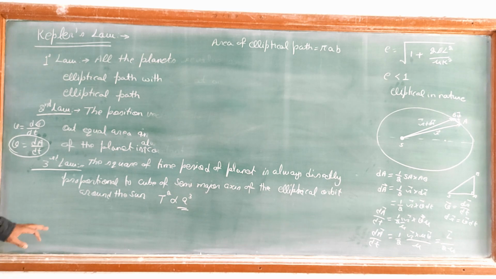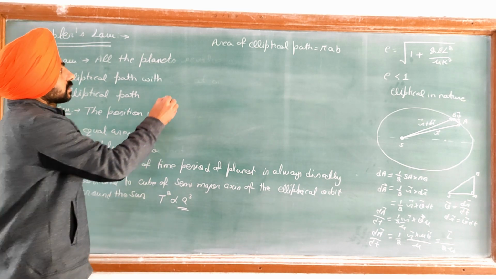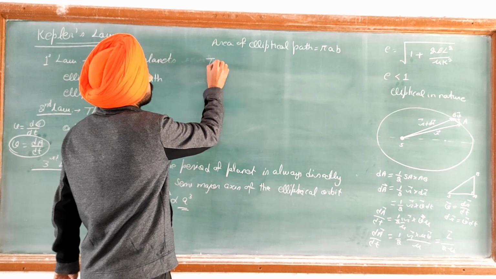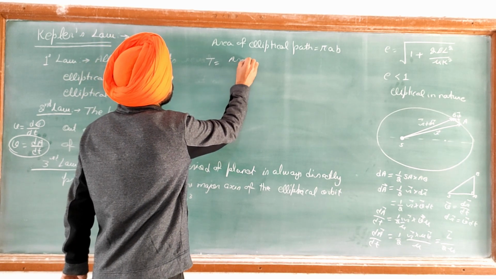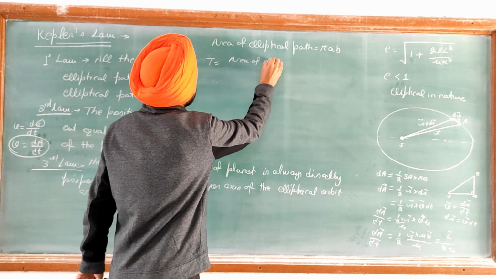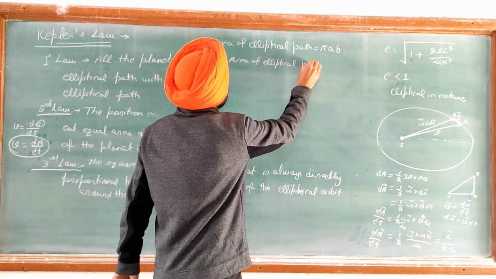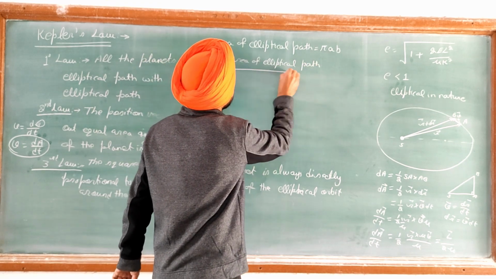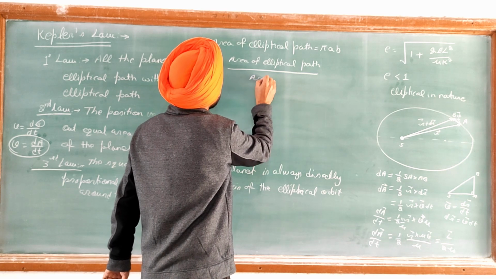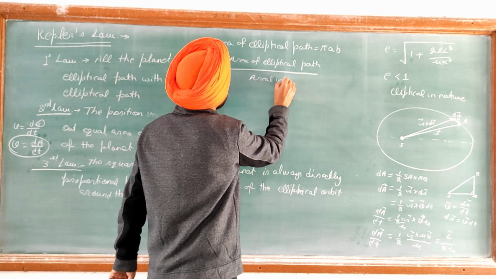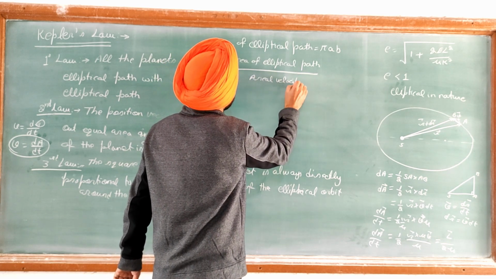Now we are interested in the time period T. So the time period is the area of the elliptical path divided by the areal velocity. You know the definition of time period.